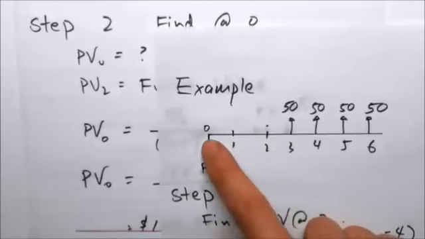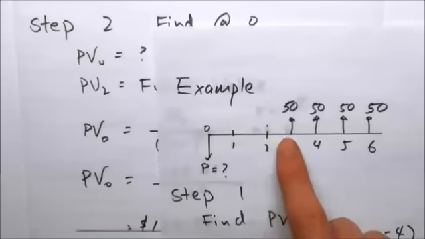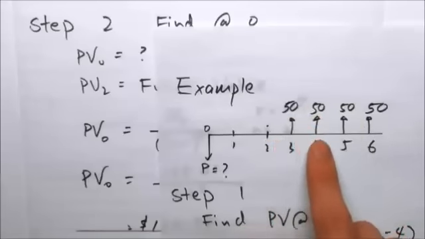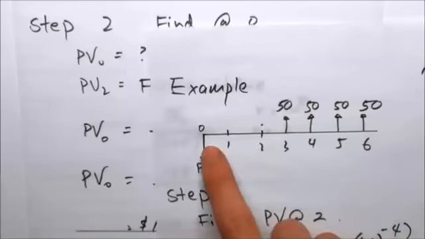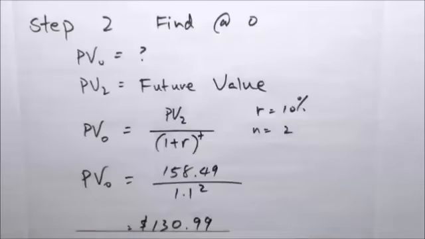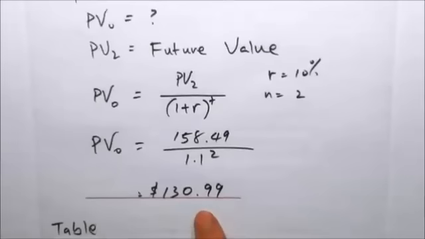So that's 1 period, 2 periods. Here you have to be careful to recognize that we're no longer dealing with the annuity. We already know the value of the annuity. We just want to convert it back to present value. If we do that, we get our present value at time 0 to be 130.99.